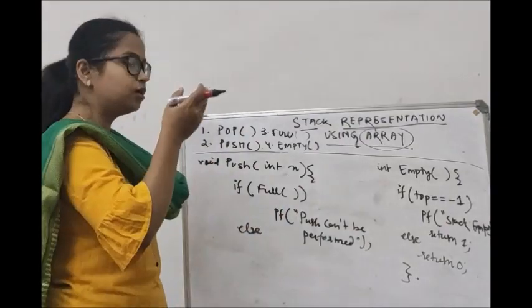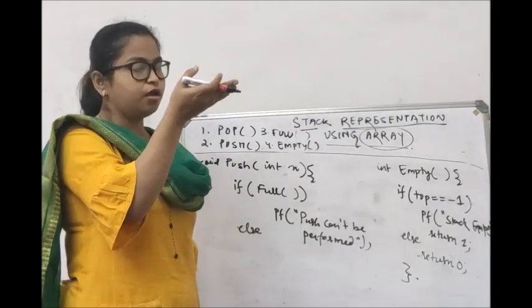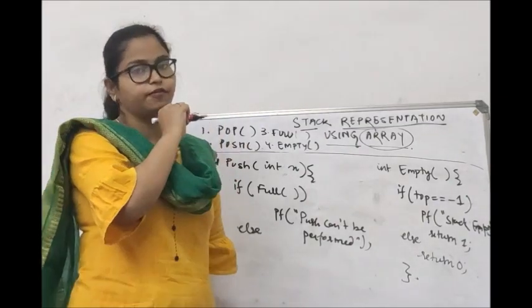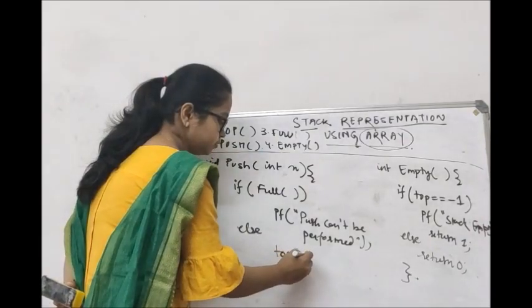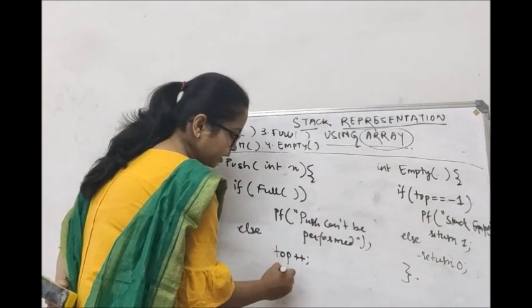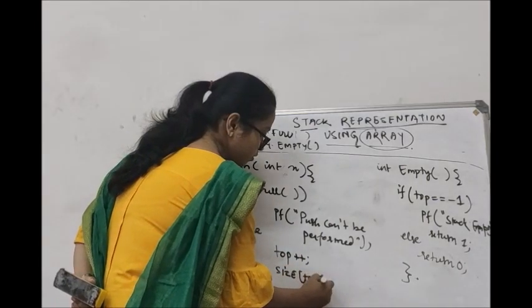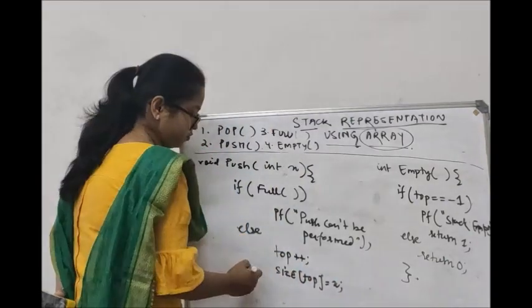How to put the element? First, we have to increment the top variable, and at the top position, we have to put this variable. Else top plus plus, and stack[top] is equal to x. Assign x in the topmost position.